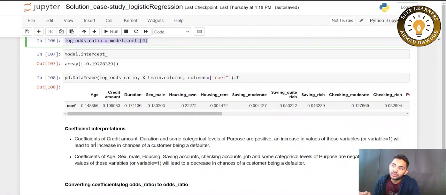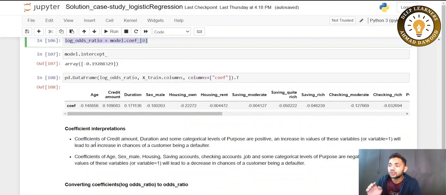If they are positive, an increase in the values of these variables, or if it is categorical, making that variable equal to 1, will lead to an increase in the chances of the customer being default.